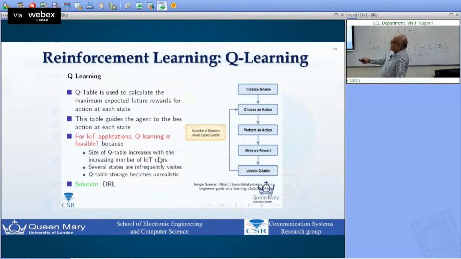But for an IoT application, this Q table is not feasible because we are going to have a huge number of states. Therefore, we are going to use deep reinforcement learning, not a Q table.